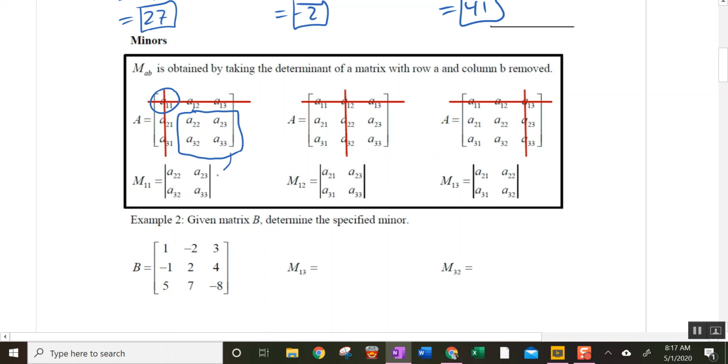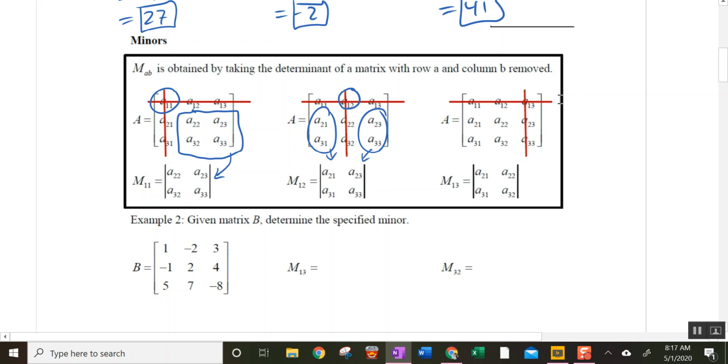And that is what we evaluate the determinant of. So the minor of row 1, column 1 would be simply the determinant of those 4 values, just like we did above. If we were going to go on to the minor of entry 1, 2, meaning row 1, column 2, again, we cross out row and column, and you can see what is left in the matrix, and that is what we are going to evaluate the determinant of.